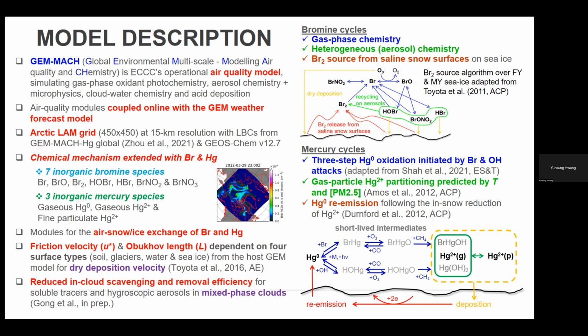After being deposited into the snow, it can be reduced back to the elemental form mainly by the action of sunlight, so that this Hg0, elemental mercury, is volatile and goes back to the air. That's again a very empirical parameterization. We are actually tuning this parameter to give some reasonable results in the model. But again, this process occurring in the atmospheric chemistry is explicit in our model.